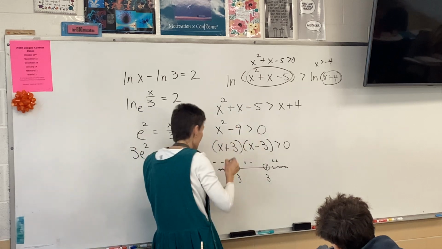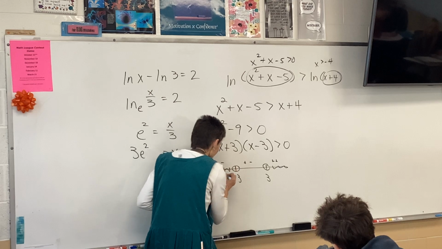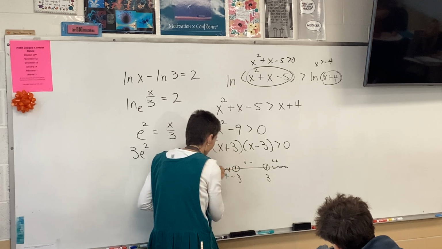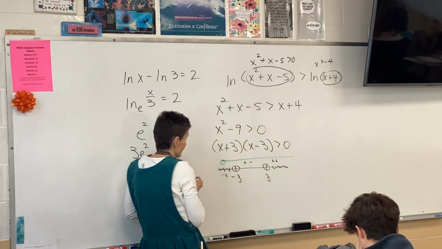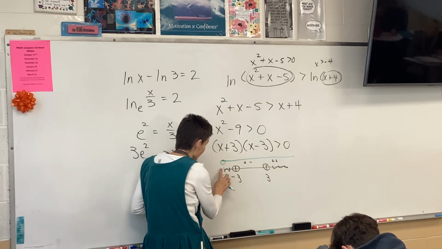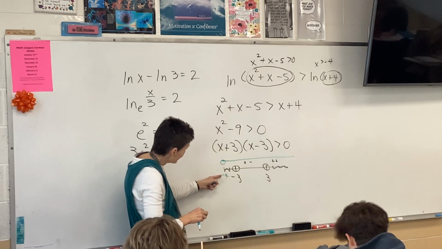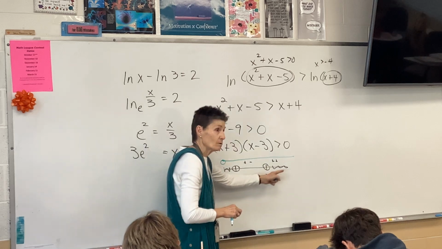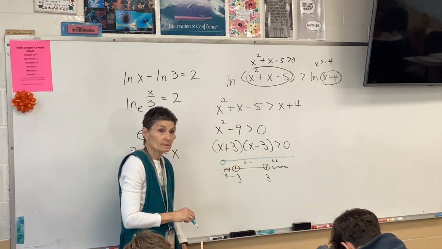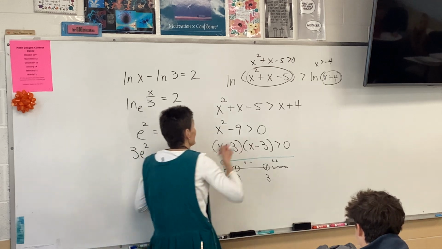So that one's easy to graph. I'll go ahead and put him on here. So here's -4. And I have to be bigger than that. So far, I'm going to get rid of this part now. So far, it looks like I have between -4 and -3, and bigger than 3. But I still have to deal with this.